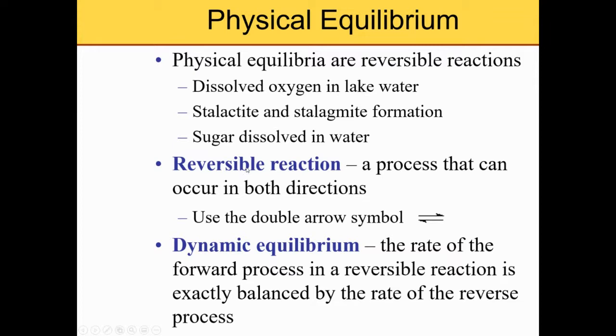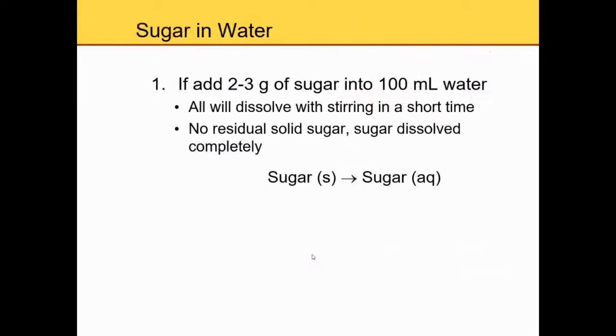It's a reversible reaction, and you can see a symbol like this: a process can occur in both directions. The rate of the forward process in a reversible reaction is exactly balanced by the rate of the reverse process. It's a dynamic equilibrium.